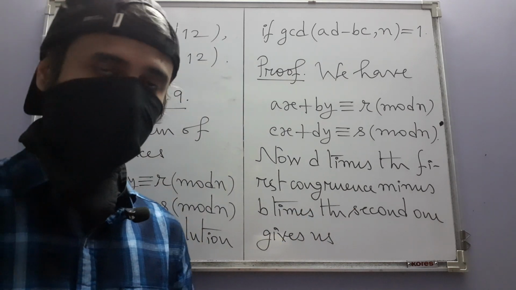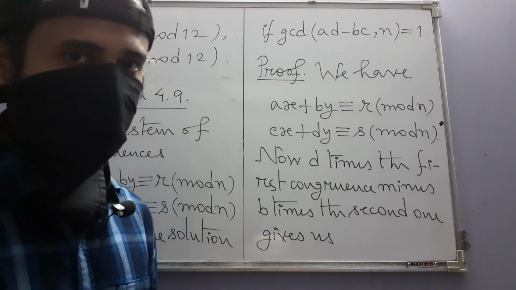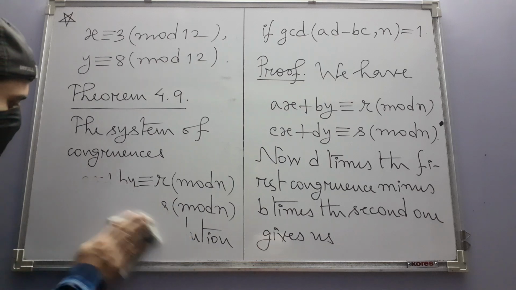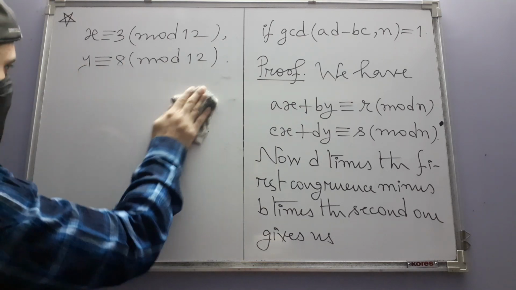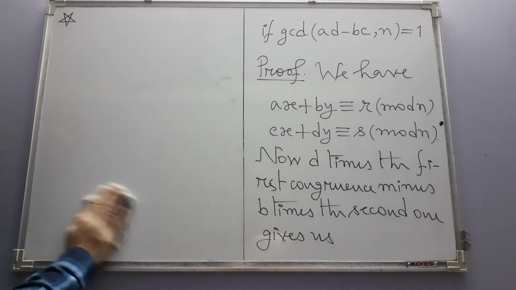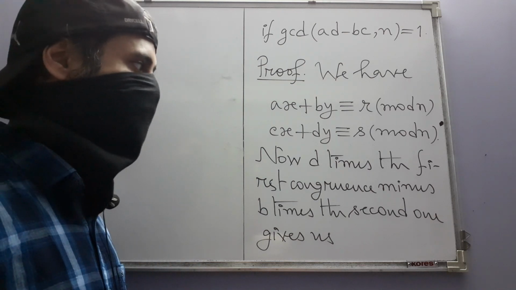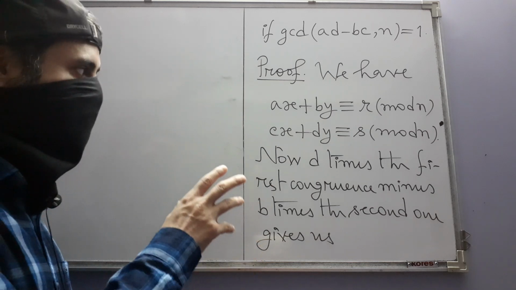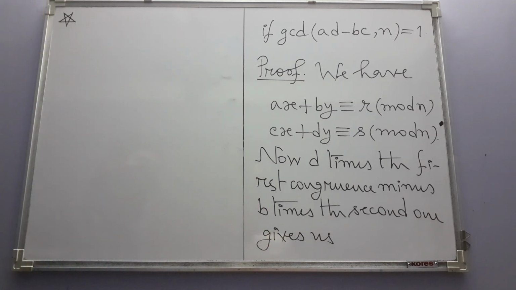So after you do this, what is the justification for you to be able to do this? The justification comes from the properties of congruences. Those elementary properties of congruences make sure that in such situations you can treat congruences as if they are ordinary equations.